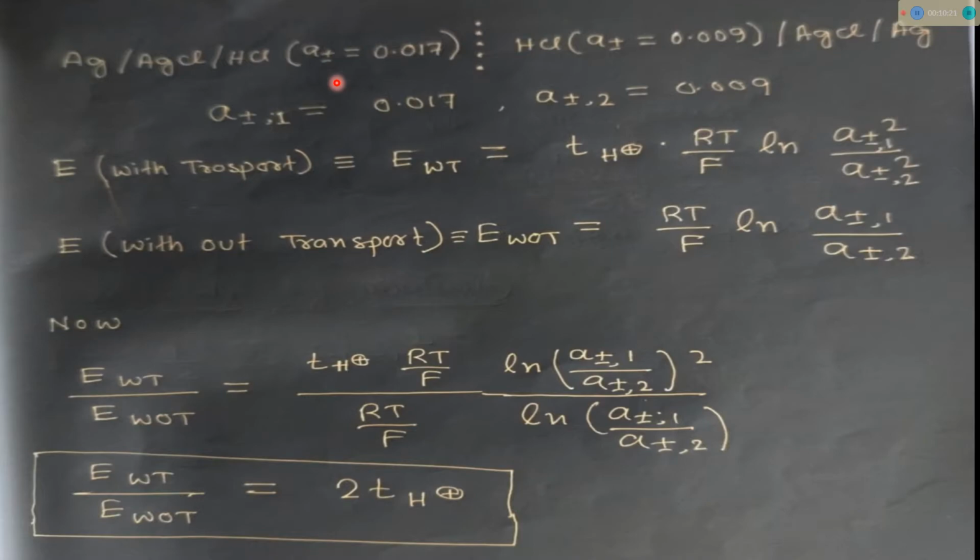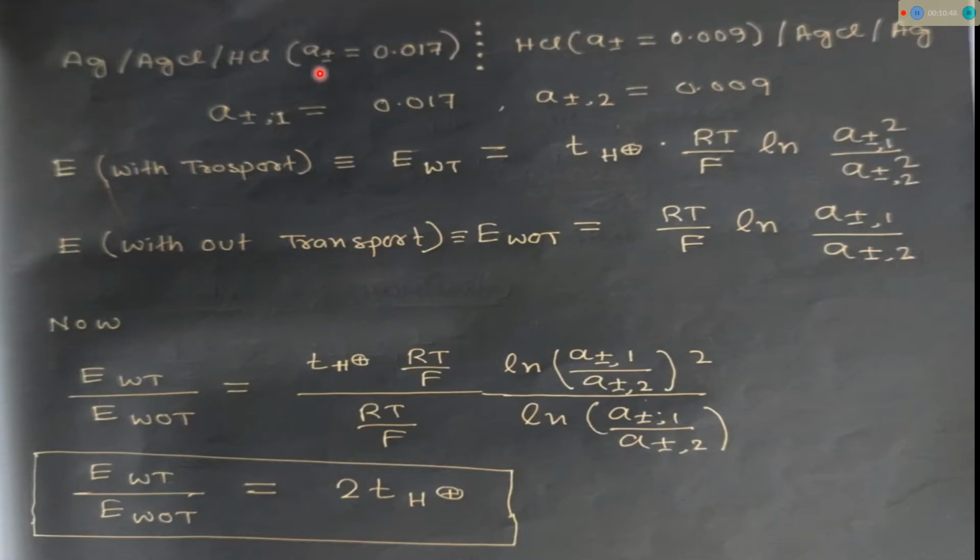Now for these questions, please keep in mind some formulas, applicable for all unipositive cations like H plus, K plus. Chloride ion is common; normally we use HCl, KCl, NaCl, but in most cases people use HCl for this type of cell EMF calculation.